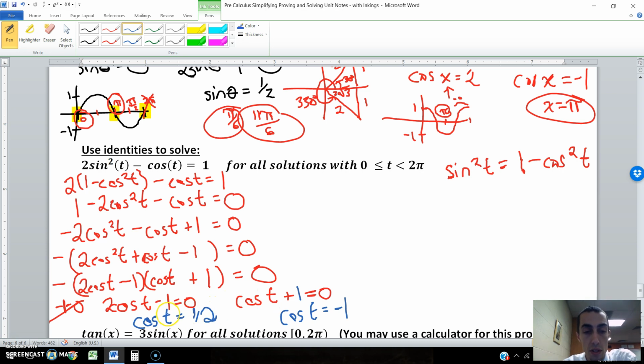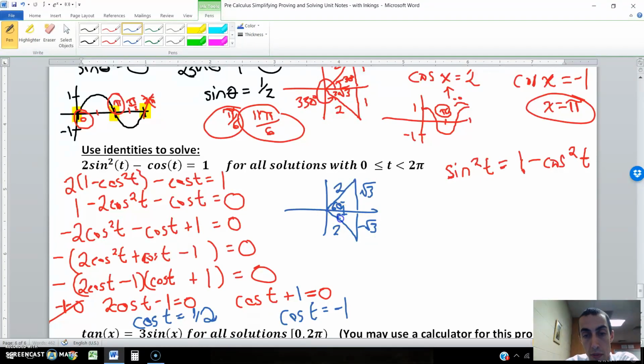So then we ask ourselves, which angle or angles have a cosine of 1/2 or of -1? Let's do this 1/2 first. Cosine is adjacent over hypotenuse, so with a 1 and a radius of 2, the other side would have to be √3. So then you've got a 60-degree angle across from the √3. The second such triangle would look like this.